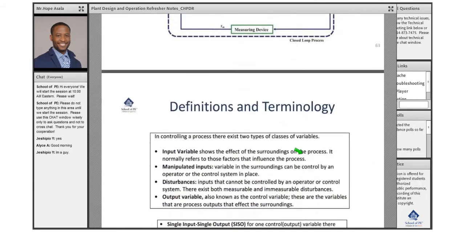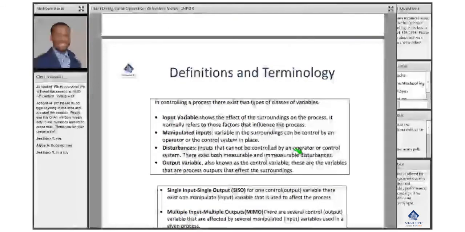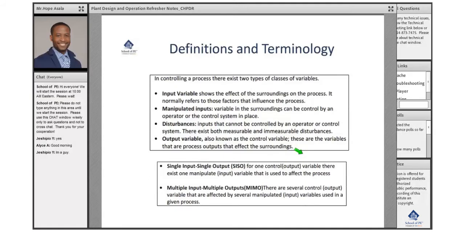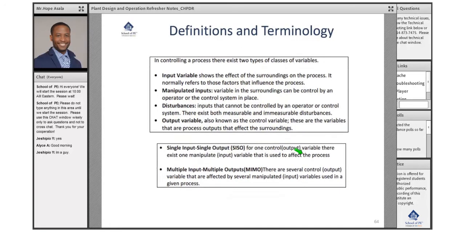adjust automatically, right? We talked about a couple of definitions: single input, single output. You can have multiple controllers working in the system. When you have your master and your slave, where you have the output of the master being the input for the slave controller, and then the combined controller output is now used as a manipulated input for the process, right?